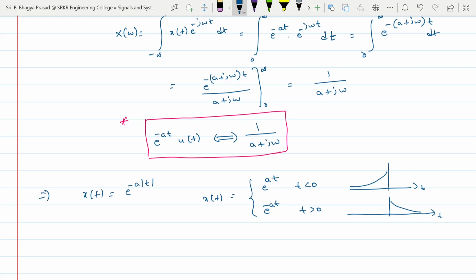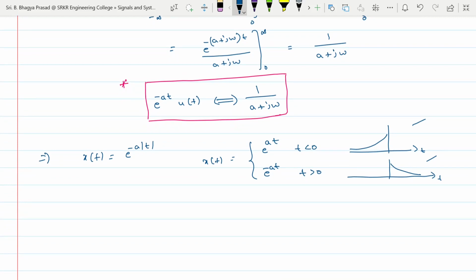So x of t is the combination of these two signals. These two signals are converging. Entirely, x of t is converging from minus infinity to infinity. So you can easily find out the Fourier transform. So X of omega, I'm guiding you, is the integration from minus infinity to 0 of e power at e power minus j omega t dt, plus for the positive time, from 0 to infinity, e power minus at e power minus j omega t dt.